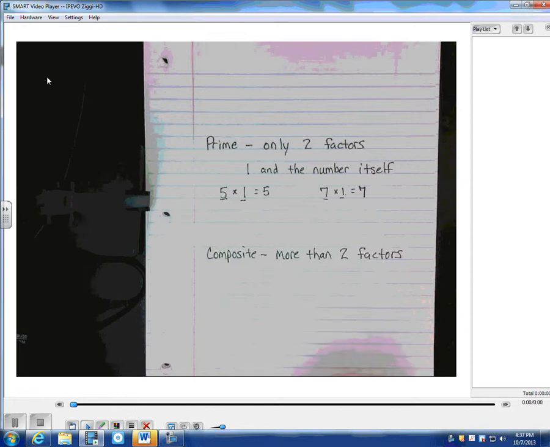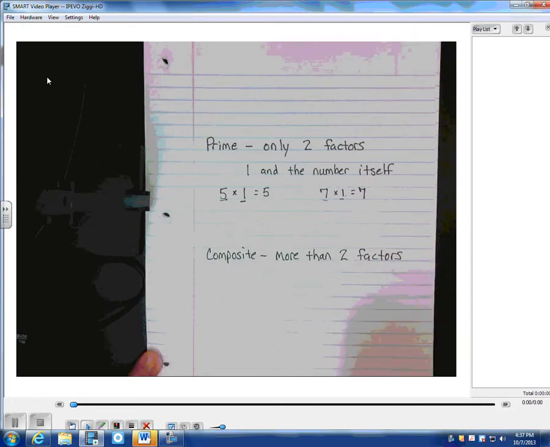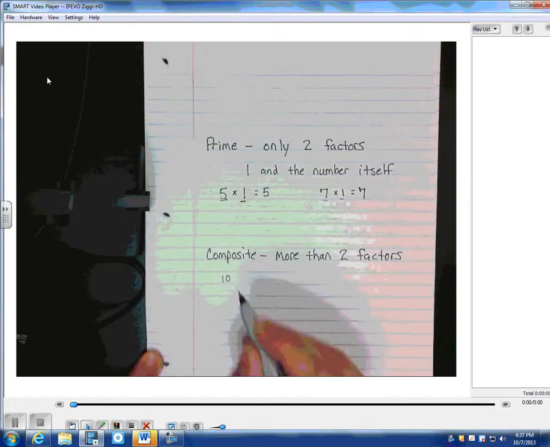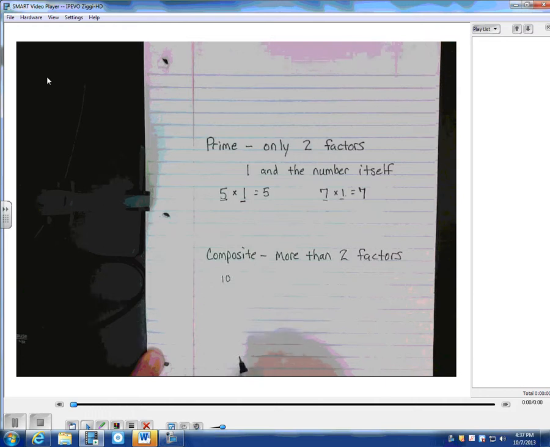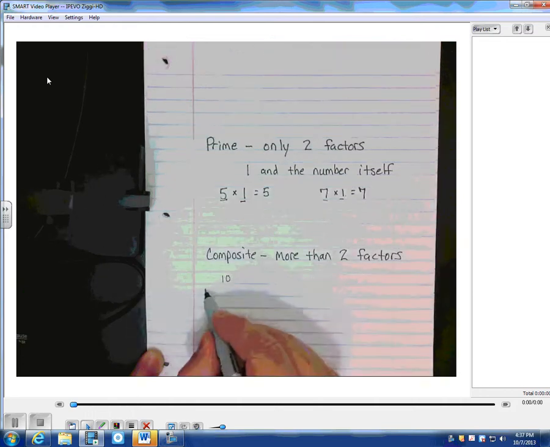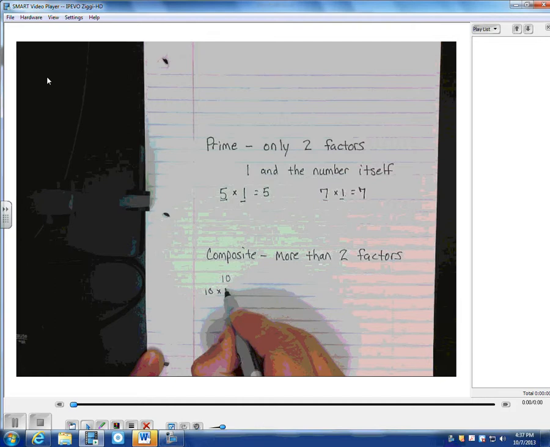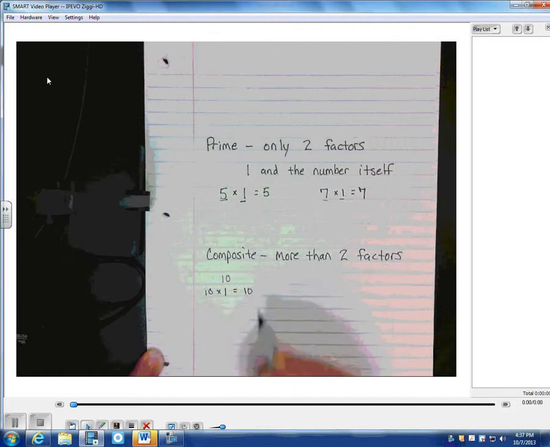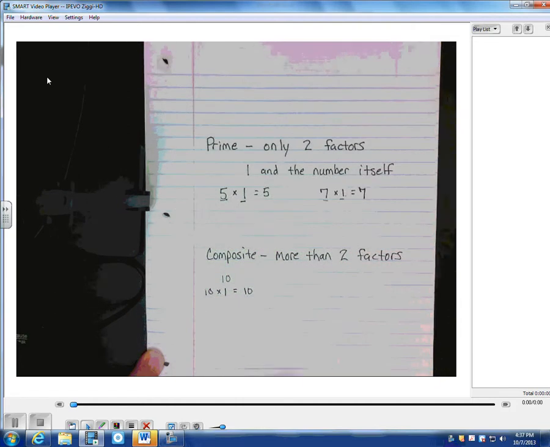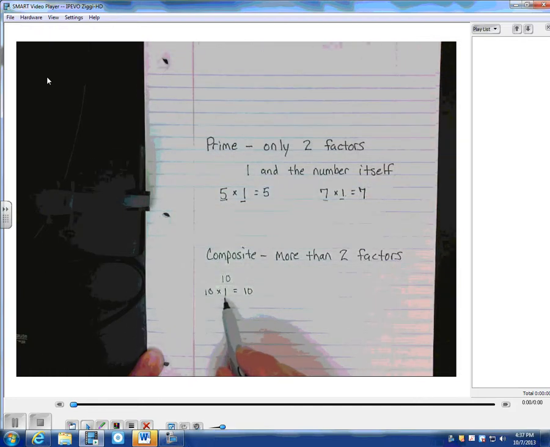So for example, the number 10. Okay, if I wanted to find my factors of 10, I always know that I can start with 10 times 1 equals 10. Okay? Then I ask myself, is there something I can multiply? I like to try to go in order. So if I use 1 already, I'll go to 2. So is there something I can multiply by 2 to get me 10?